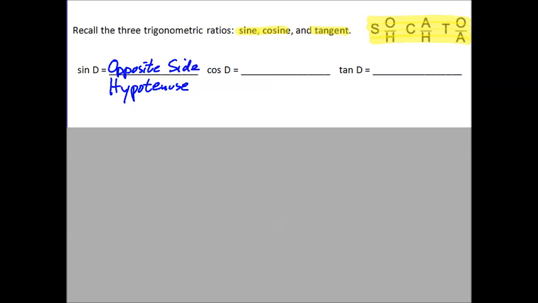The cosine of an angle D is the ratio of the length of the adjacent side over the hypotenuse. And then the tangent is the ratio of the opposite side over the adjacent side.